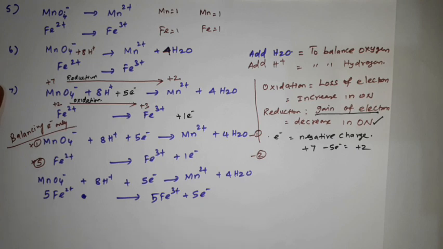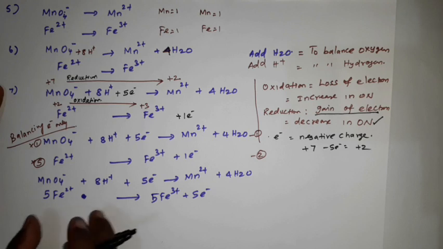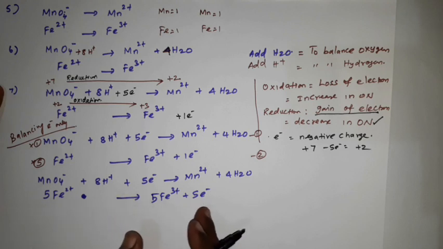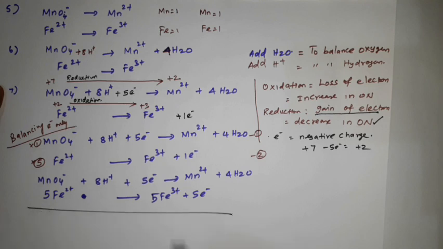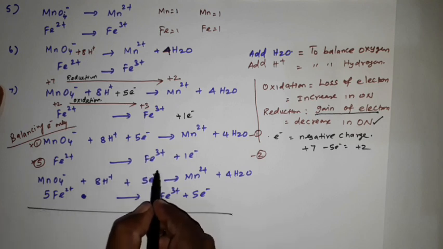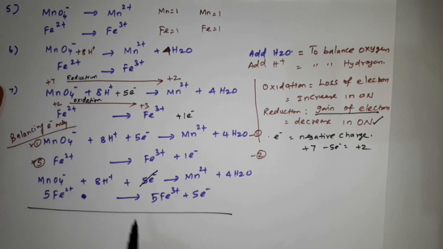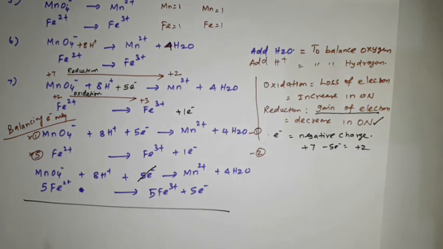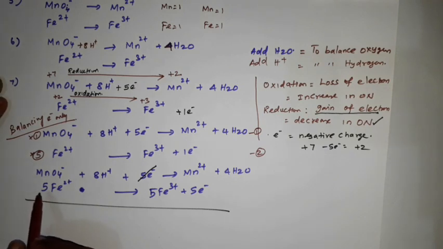Now cancelling, whatever same elements come, we are cancelling. So now here this ion and these 5 electrons are here. See, you have to cancel. This step you listen carefully.